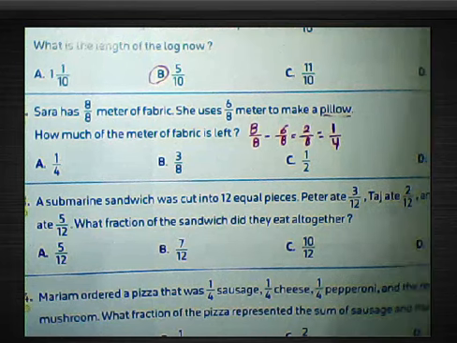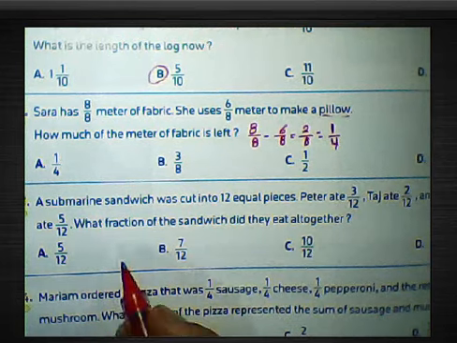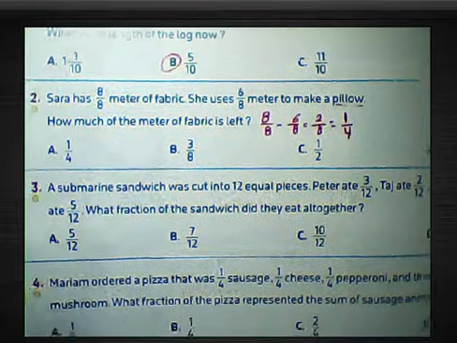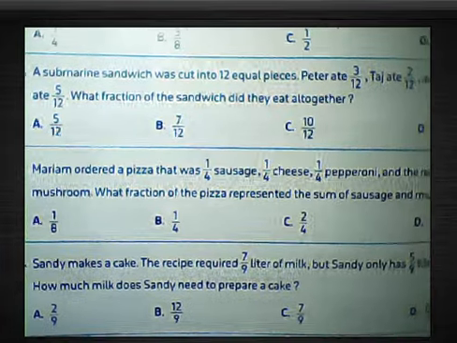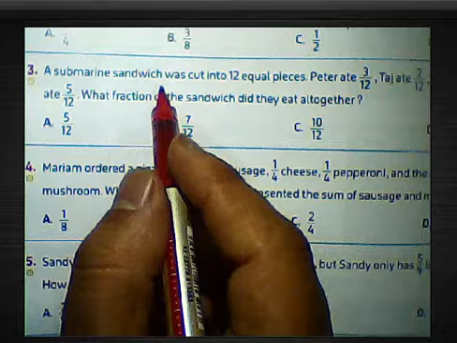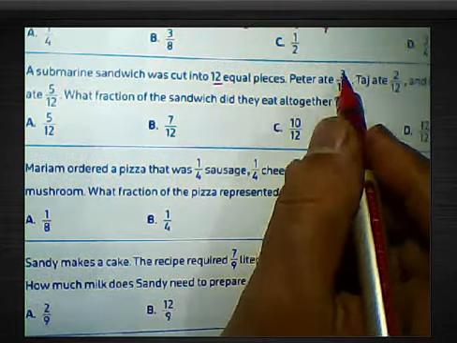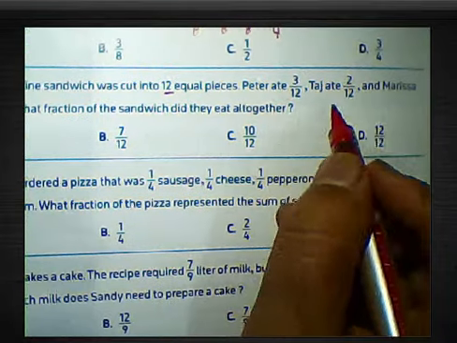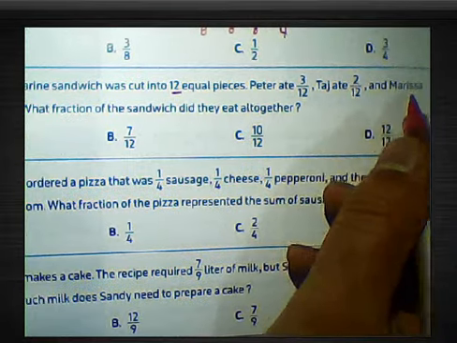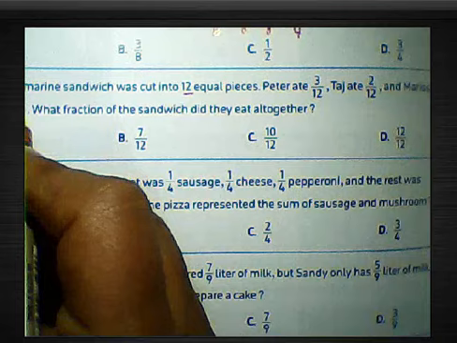Next question here. A submarine sandwich was cut into 12 equal pieces. Peter ate 3/12, Tag ate 2/12, and Marisa ate 5/12.